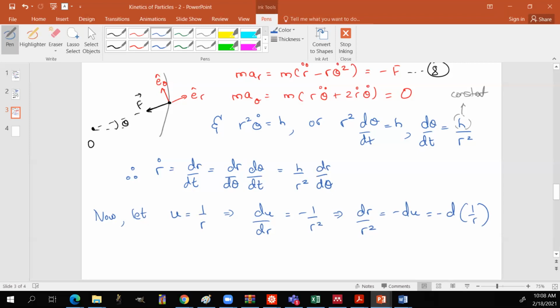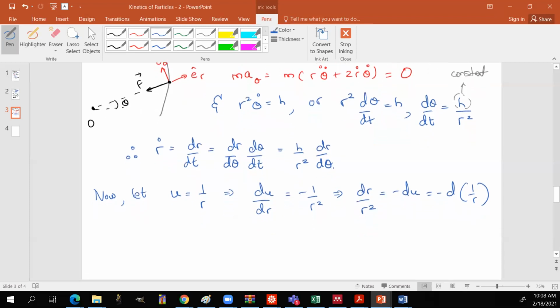So now if we go back and look at this dr over d theta expression over here, we can write that r dot is equal to minus h times, now this r squared goes away, because dr over r squared we've seen is just minus d of 1 over r. So it's just minus h times the d theta remains.